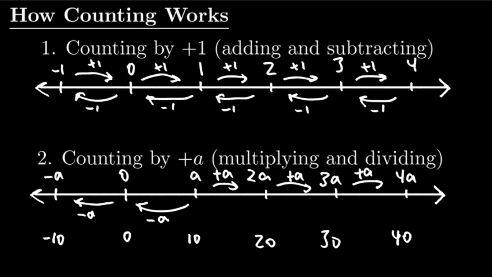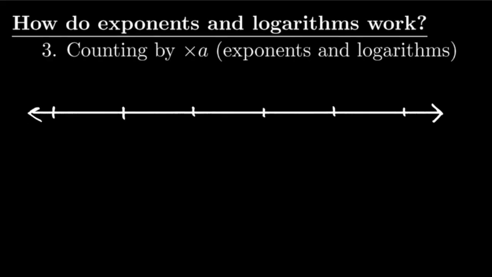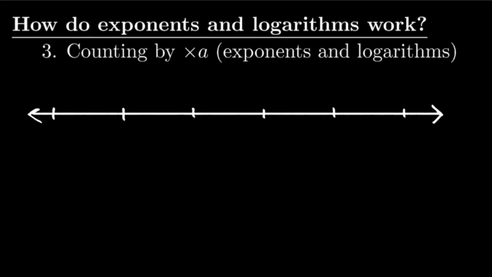So this is addition and subtraction, and then multiplying and dividing. You can think about dividing as asking basically how many steps it takes to get to a certain place. Okay, so as we go to another way of counting, things got a little bit more interesting in a way. So let's label this as number of steps. So you're multiplying by some value a each time you go over.